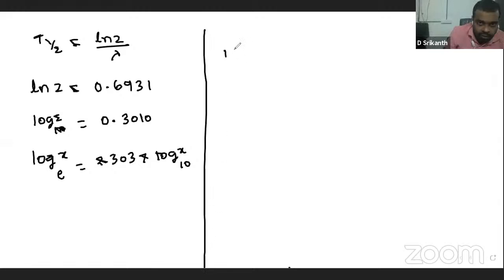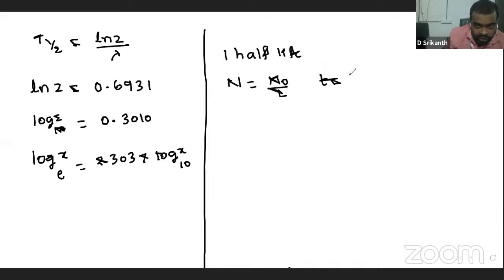Suppose, see, for one half-life we got N is equal to N naught by 2 and time t is equal to t half. Suppose for two half-lives, after completion of one half-life we got N naught by 2.